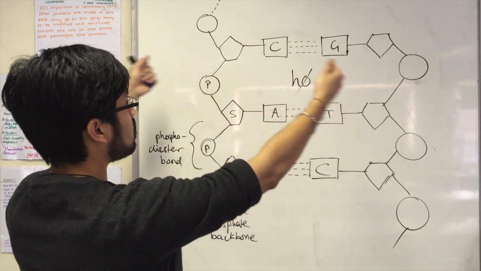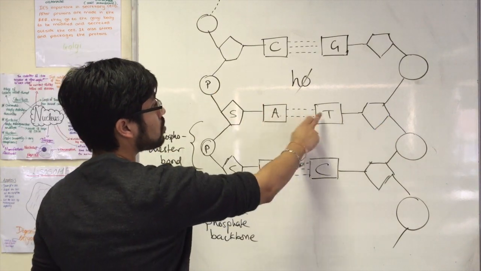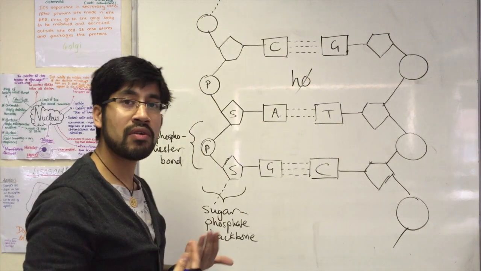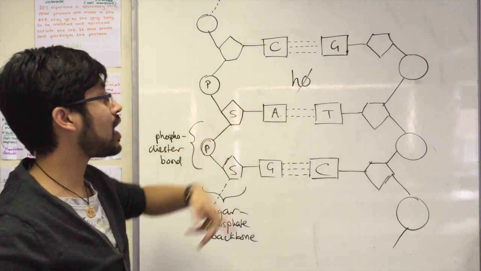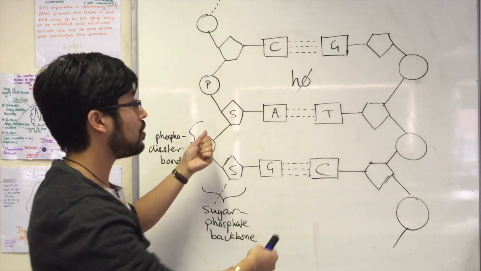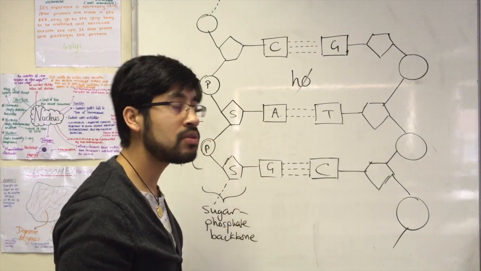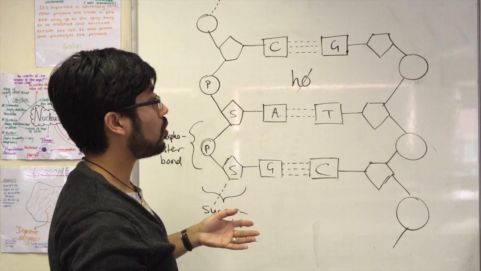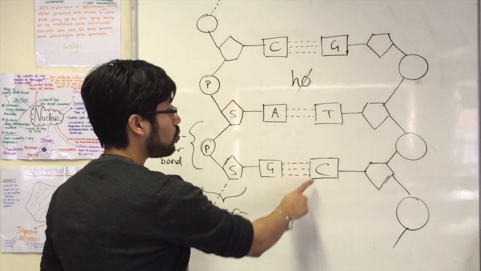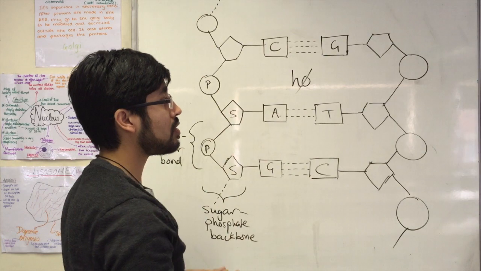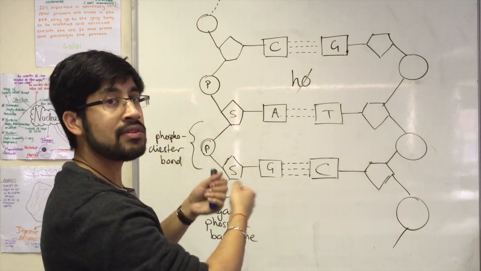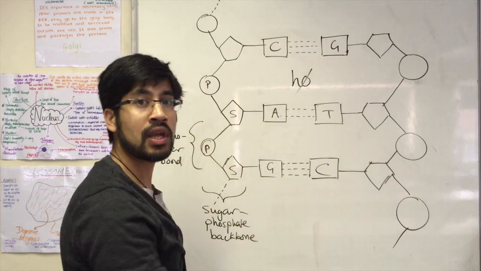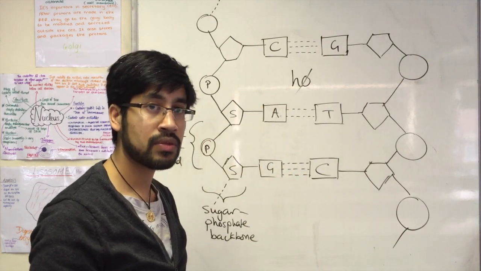Okay, if these were covalent bonds between the two strands, it might have made a very stable molecule, but it wouldn't have allowed the separation to occur when you need to copy information or when you need to copy the molecule. Okay, so it's very useful that you have this weak interaction holding the two strands together, because the two strands can easily then be taken apart for protein synthesis or for DNA replication for mitosis. Okay?